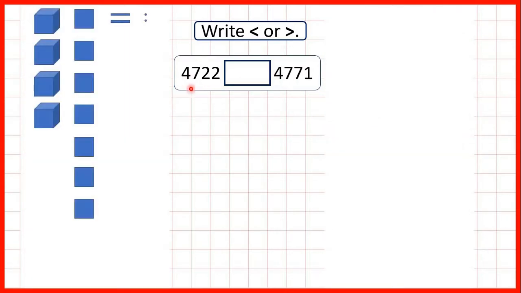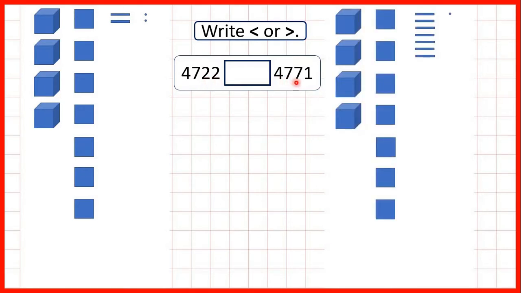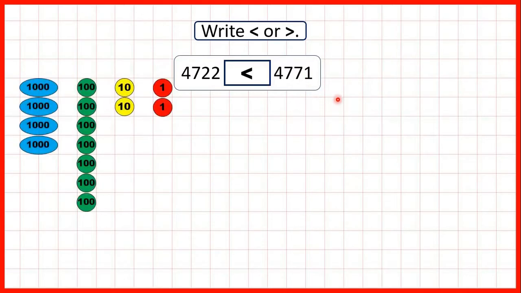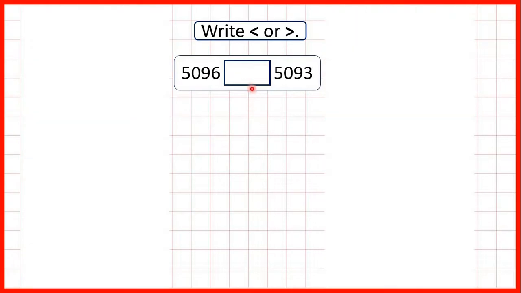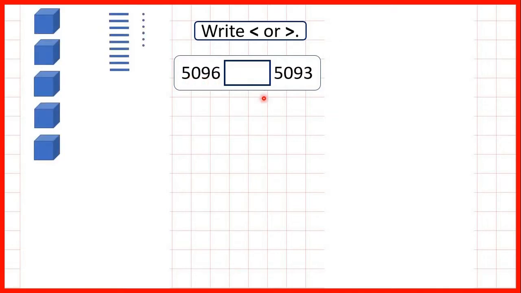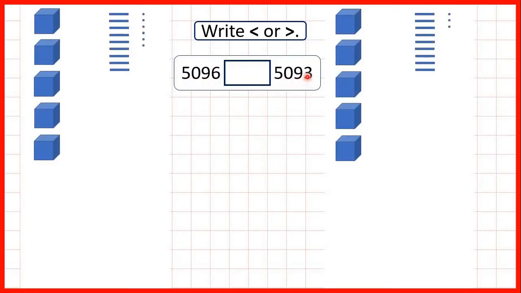Then we had 4,722 and 4,771. So this number was larger because it had more tens, and we can see that with the place value counters as well. And then for our last question, we looked at 5,096 and 5,093.